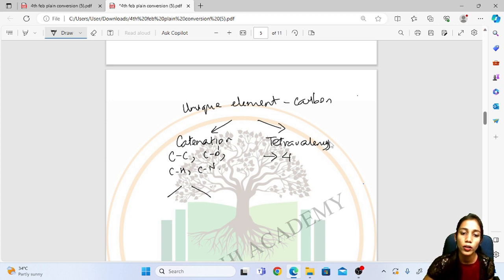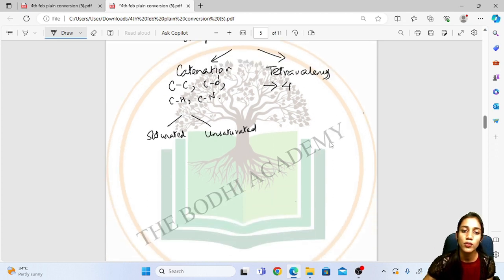Now, depending upon the number of bonds it forms with other elements, compounds are divided into 2 types: saturated and unsaturated. Saturated compounds are those which form single bonds between the atoms, so these are single bonded compounds.